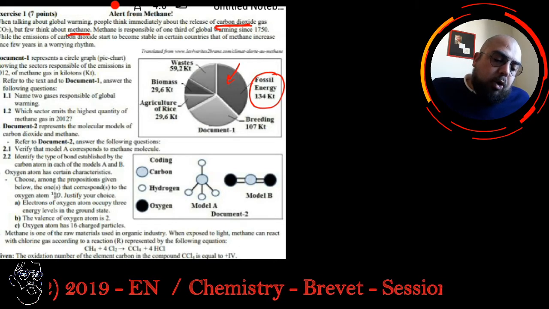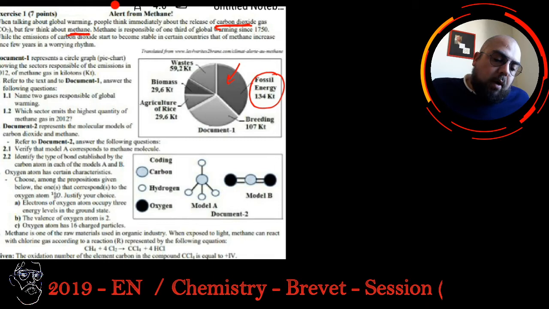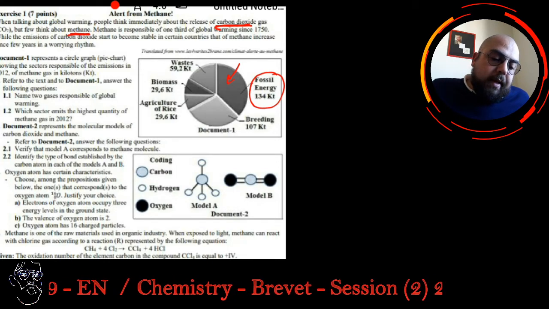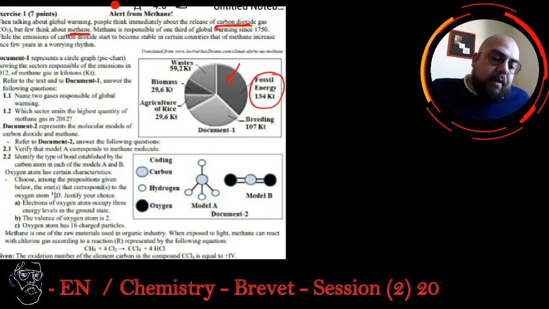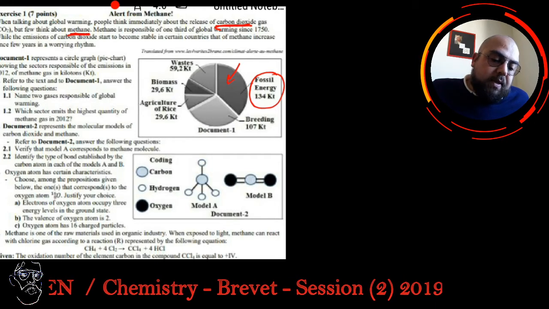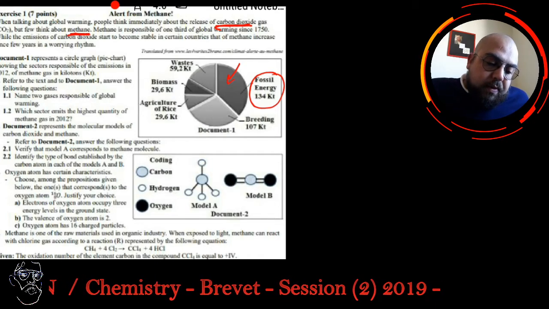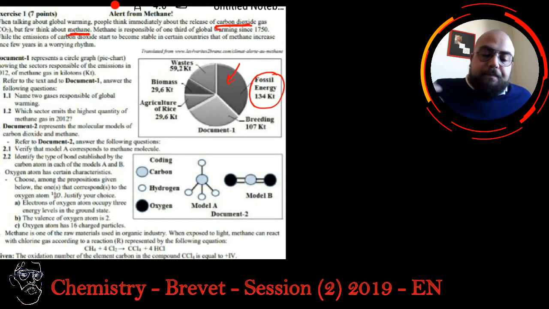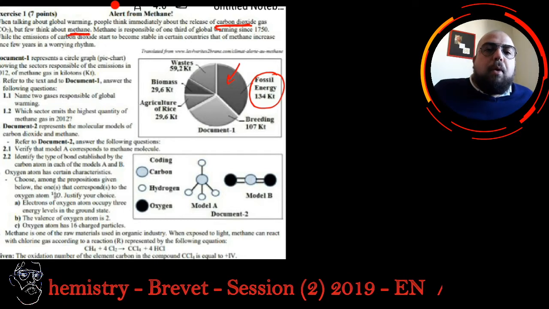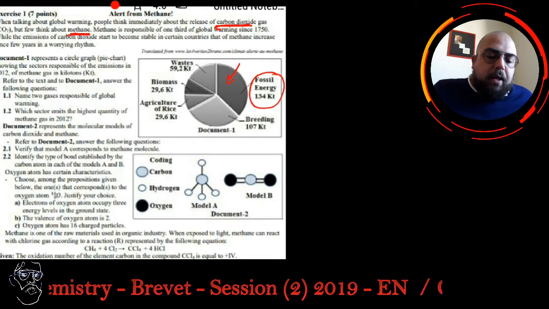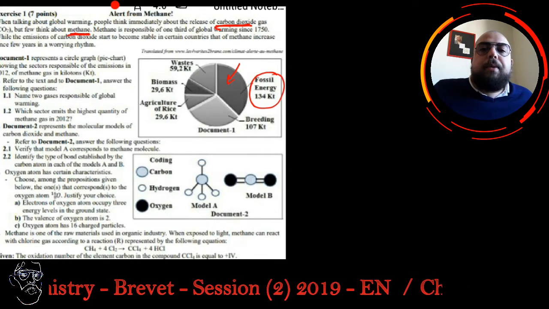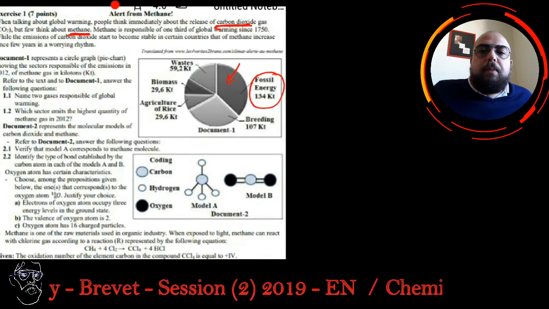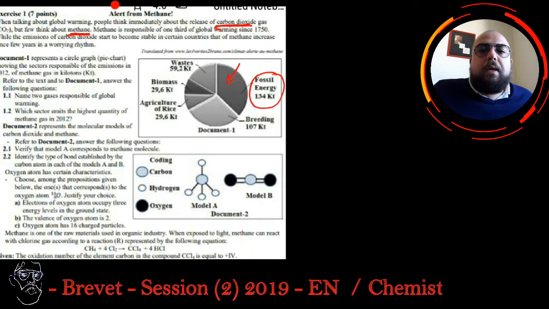Document 2 represents the molecular models of carbon dioxide and methane. Refer to document 2. Answer the following question. Verify that model A corresponds to a methane molecule. First, let's check model B. Model B is a molecule formed by carbon and 2 oxygens. So in this case, I can rule out model B as being methane.